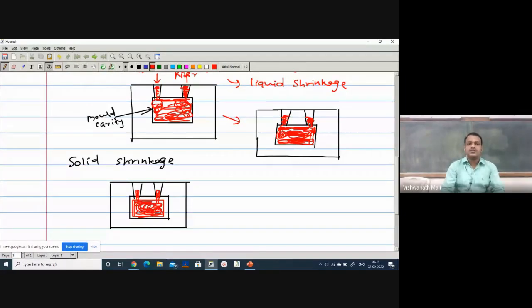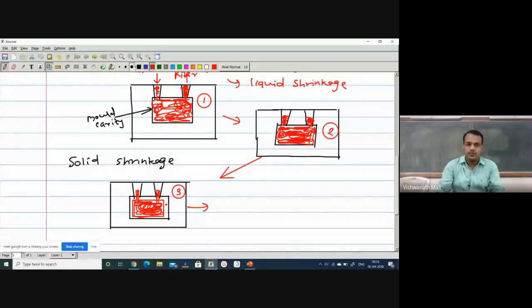Okay, so this is solid shrinkage. When we pour the molten metal, this will be the condition first. When the liquid shrinkage occurs, this will be the second condition. And when there is solid shrinkage, what happens? Your part dimension will shrink. So you can see the difference. Now, to overcome this shrinkage, what do we need?